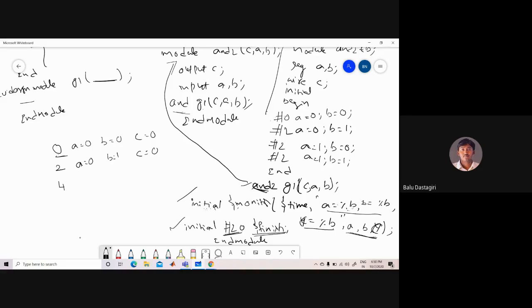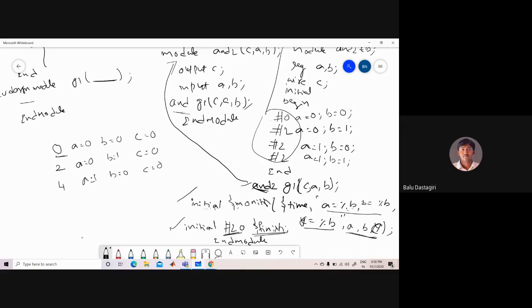The #2 here specifies a delay of 2 time units: initially at 0, then at 2 units of time. Whenever the cursor comes again here, the next values are given at 4 units of time. At 4 units of time, A equal to 1 and B equal to 0 will be specified, and the C value becomes 0.